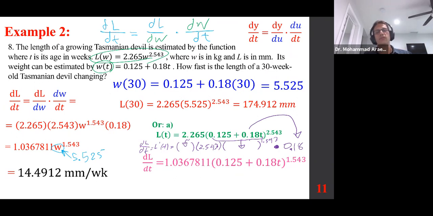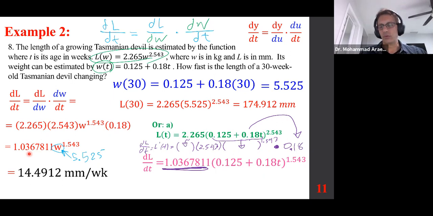And the product of those three numbers become this. What numbers? This number 2.265, this number 2.543, and this number 0.18. And if you multiply those three, you get this one. We did that here.